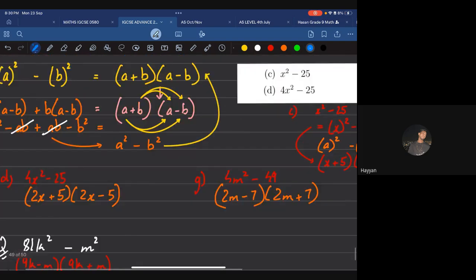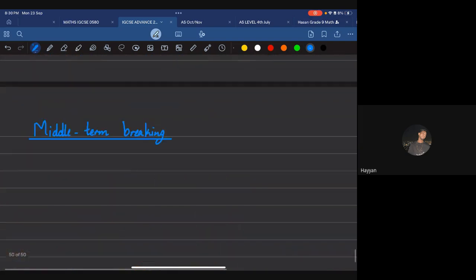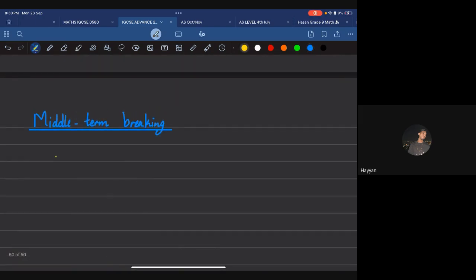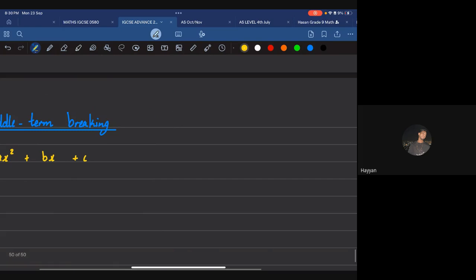Let me write down an example. You've got ax squared plus bx plus c. Now, a bit of hindsight is that a, b, and c are all constants.